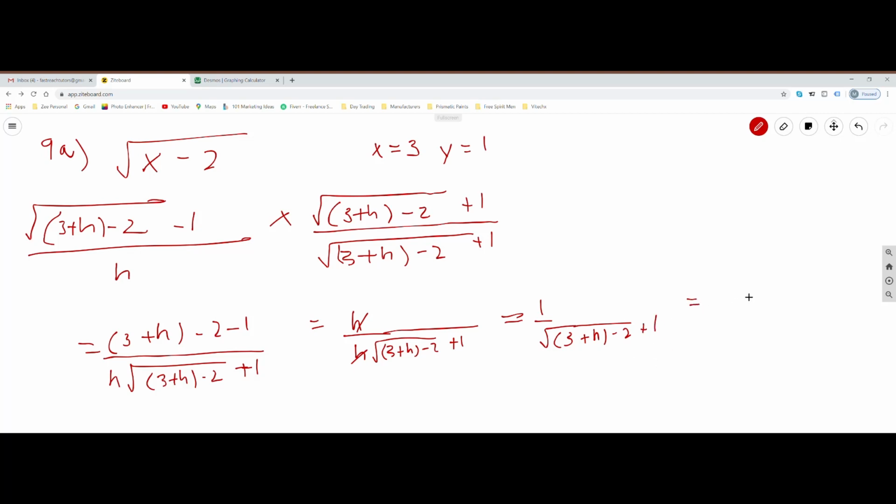So if you substitute 0 for the h, you get the square root of 1. So that's a. Let's look at b.